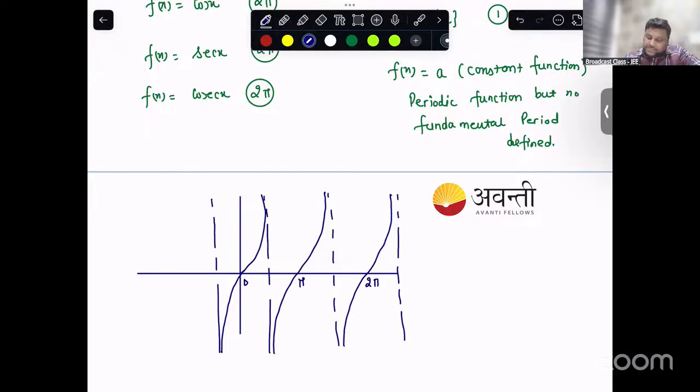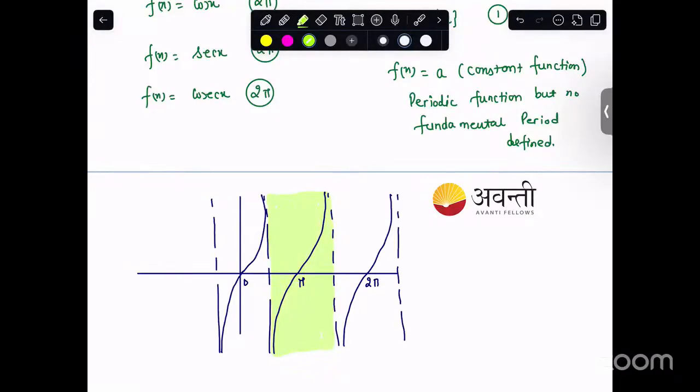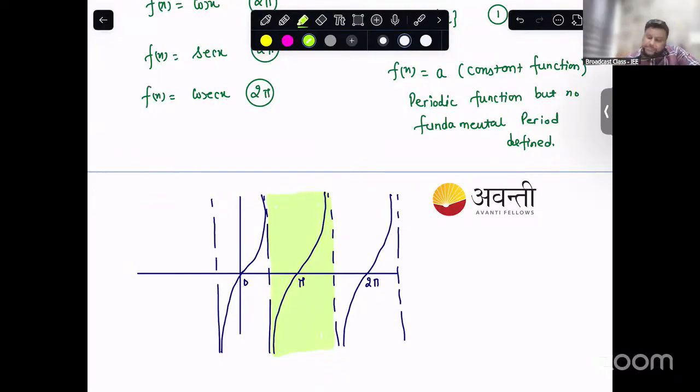This much is the frame length, which repeats again and again, and the length of this frame is pi. So that is why tan x is periodic with period pi. Understood?